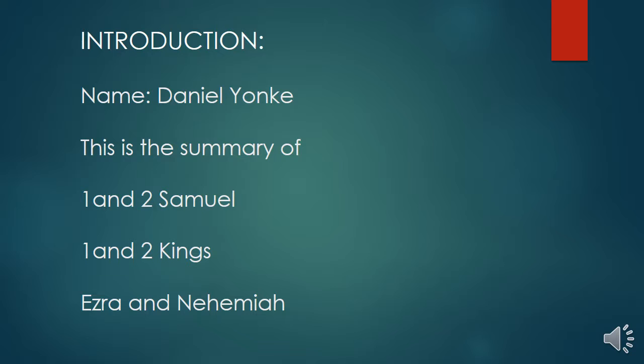Today we're just going to go through each of these books, hit the major points, some of the major characters, and talk about each one and the significance that it played, and to see the story of the Old Testament worked out through these few books here, and to see how God led his people even in times where his people rebelled against him. So let's just go ahead and get started.